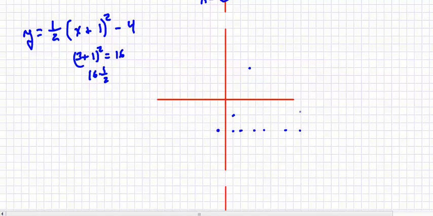And continue like that. So instead of just going up 1, 4, 9, we go up 1 times 1/2 is 1/2, 4 times 1/2 is 2, 9 times 1/2 would be 4 1/2, and 16 times 1/2 is 8. But we don't have to mess with those halves.